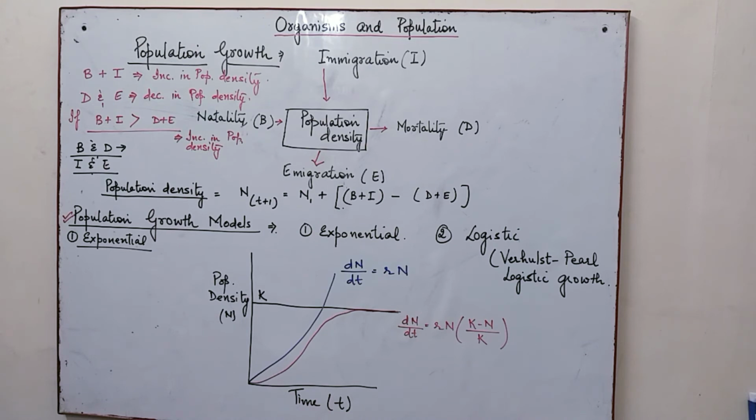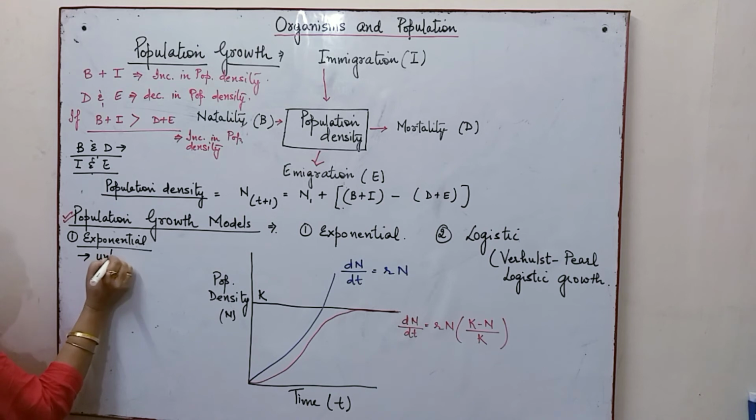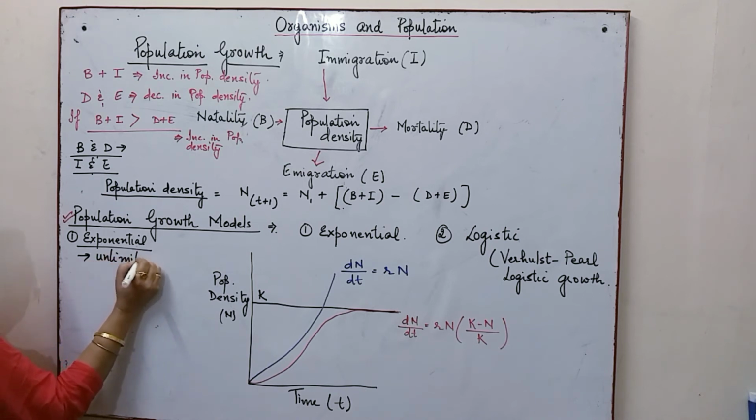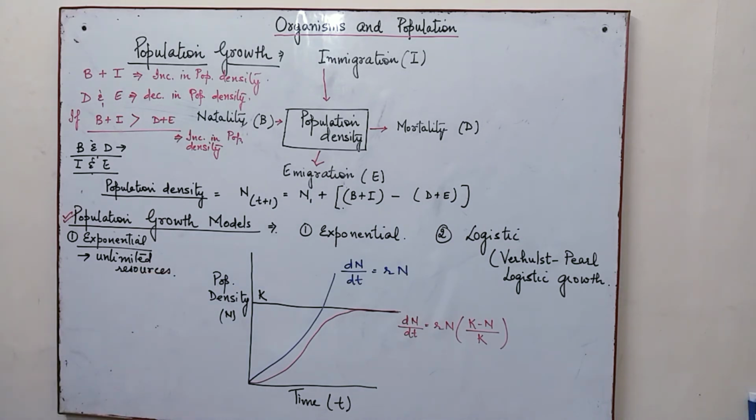That means there is no limiting factor, and as a result the population grows exponentially. So here the resources such as food are available, and there is no competition for space, then the population will grow exponentially. So here it is unlimited resources which are available to a particular species.